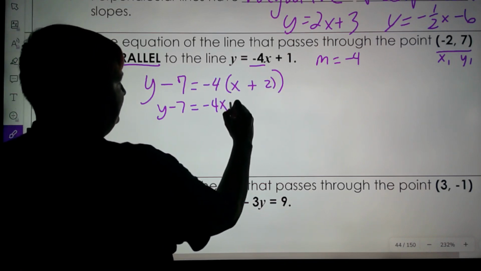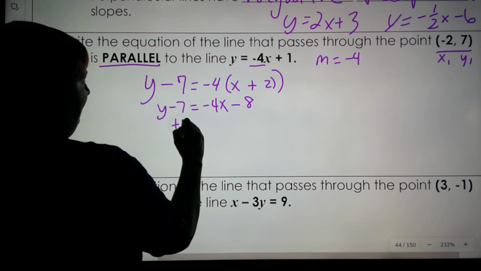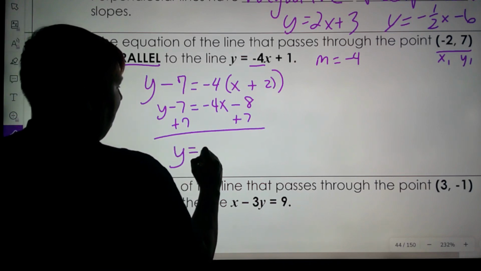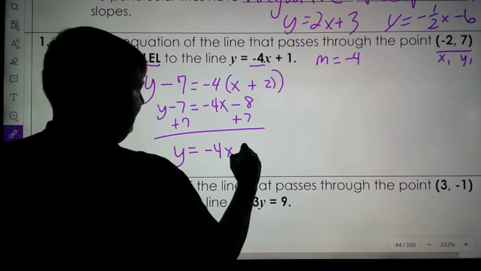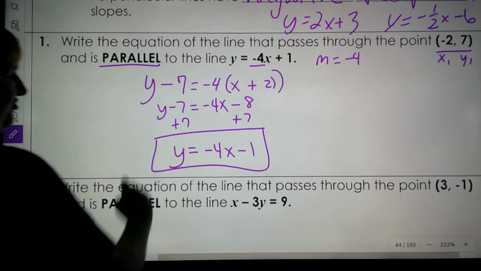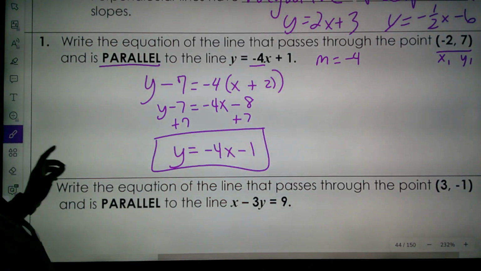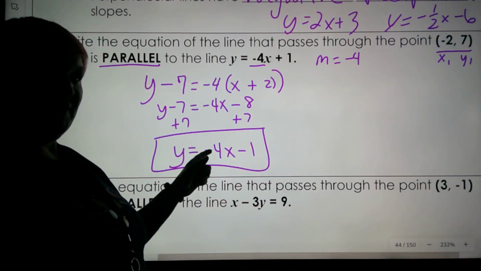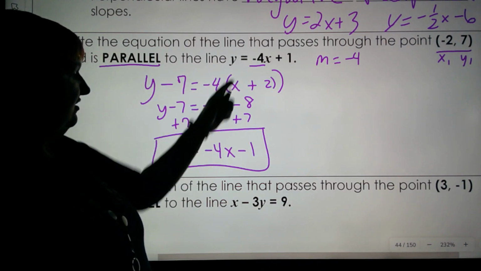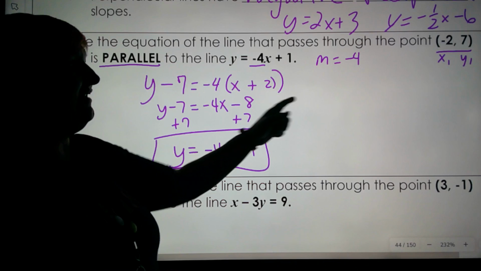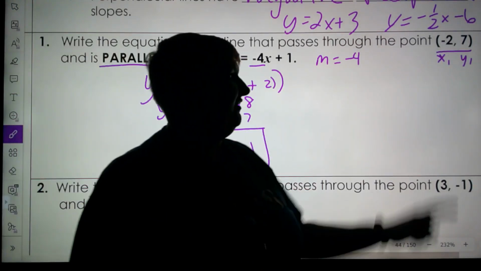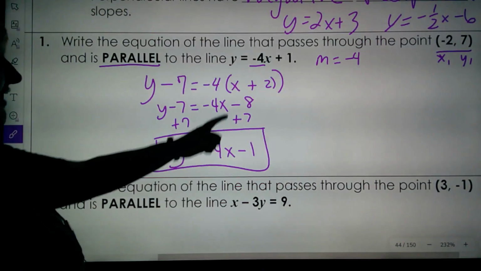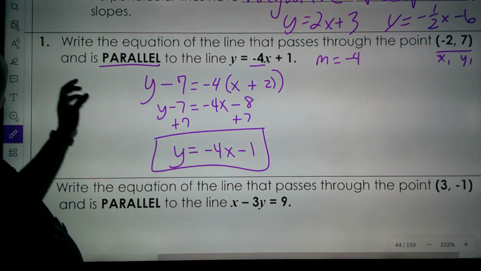Negative 4 and positive 2 is negative 8. Add 7 to both sides. y equals negative 4x minus 1. We just created a whole another equation that's parallel, and it passes through this specific point. If they give you a point and the slope, put it in the point-slope formula.